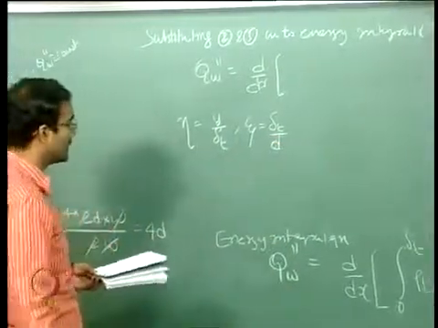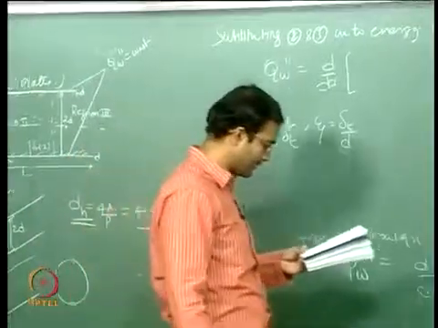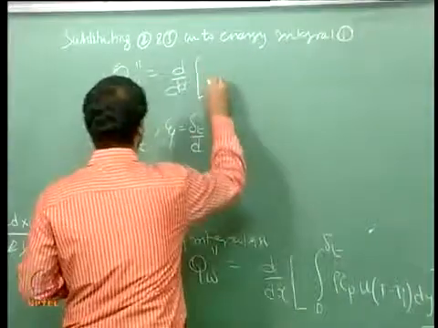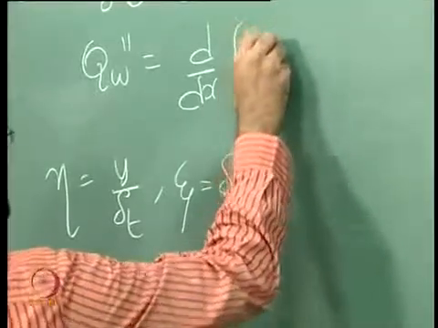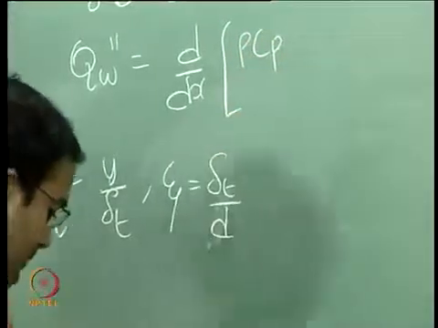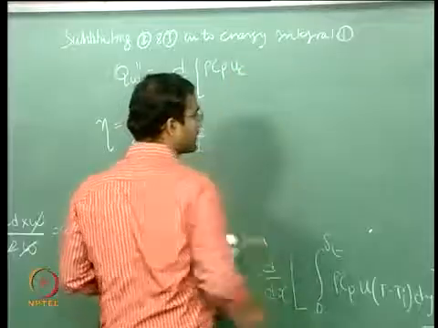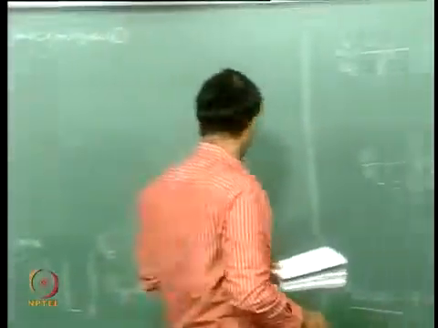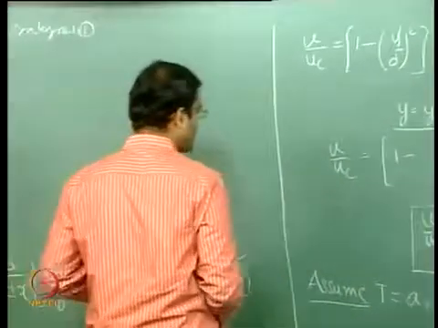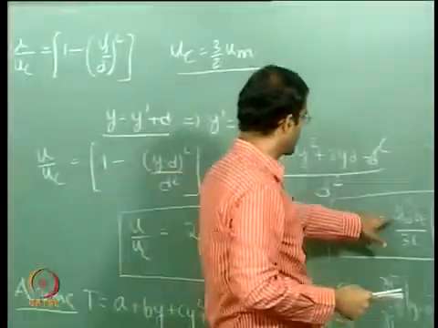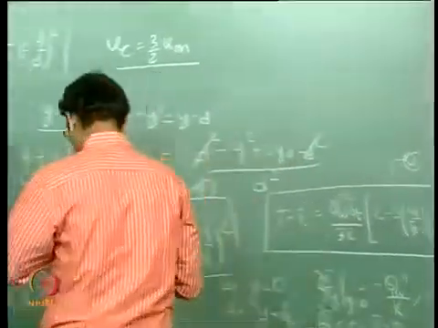So these are the 2 non-dimensional variables, and now you can write them in terms of non-dimensional variables. So this is rho Cp into uc, and t minus ti is nothing but q wall double prime delta t by 3k.